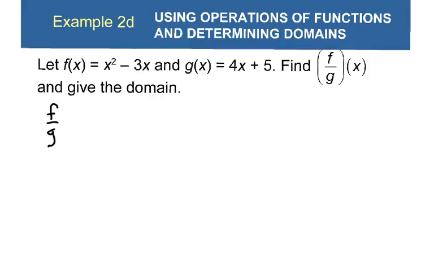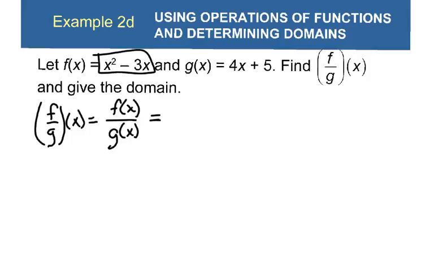So f divided by g of x translates to f of x divided by g of x. And this normally is the easiest function to determine because you just put one function over the other and really can't simplify any more than what you normally have right there in front of you after plugging them in.